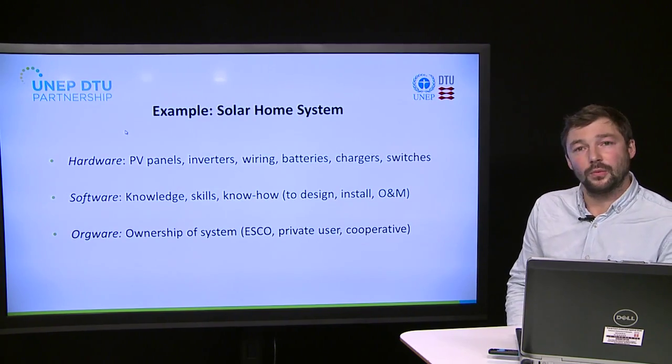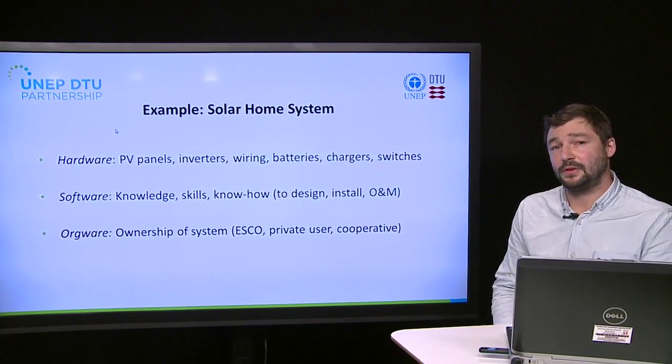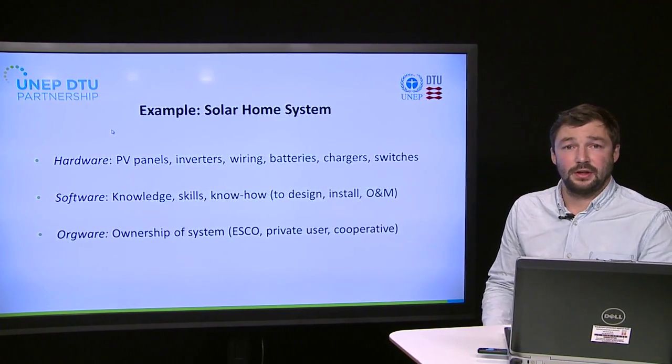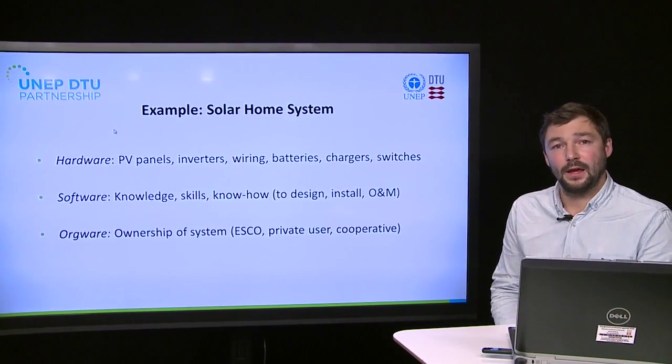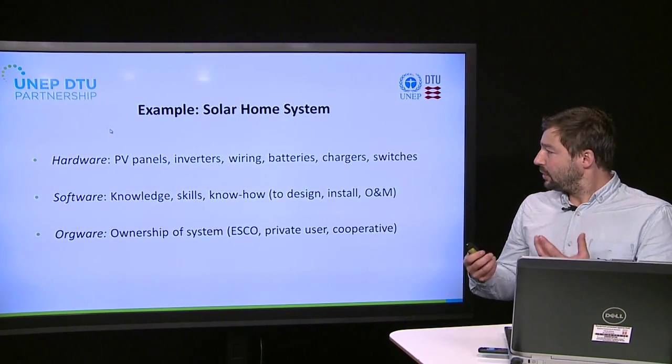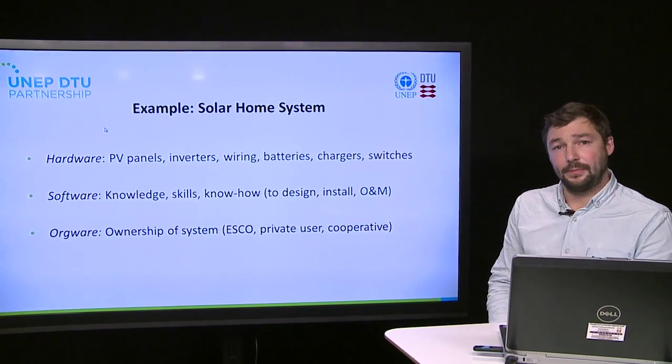And finally, the orgware dimension is represented, for example, in the form of the ownership of the system, whether this is a cooperative, a private user, or an ESCO company. So you can look at a technology as comprising these three different dimensions.